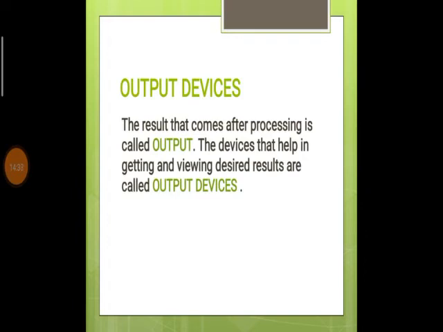Then after providing the input, your computer will process this input. That means your CPU will process. Processing means what? Processing means addition. Here we want our computer to perform addition on these numbers. So our computer will perform addition on both the numbers.